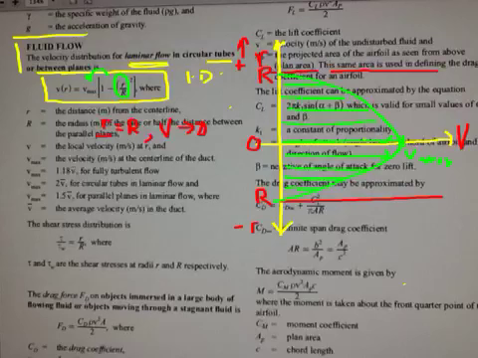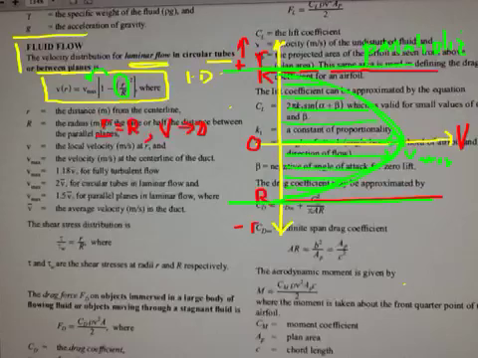So what this tells you is that the velocity is parabolic inside this 1D flow, in between the pipe or the plates. So the velocity profile is parabolic.